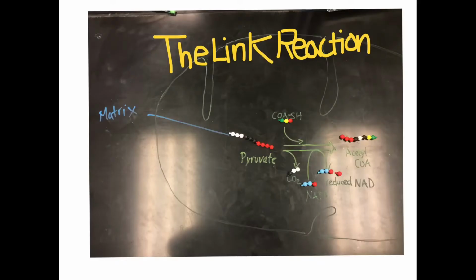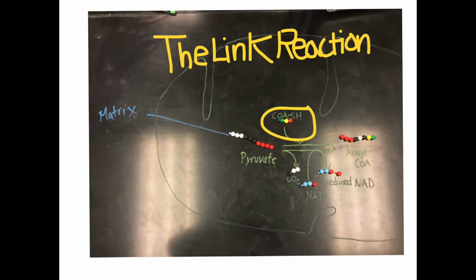In the link reaction, the pyruvate from the cytoplasm is converted into acetyl coenzyme A. This pyruvate right here just entered the mitochondrial matrix from the cytoplasm. Once in the matrix, the pyruvate is decarboxylated and oxidized to form an acetyl group. 2 high-energy electrons are then removed from the pyruvate.